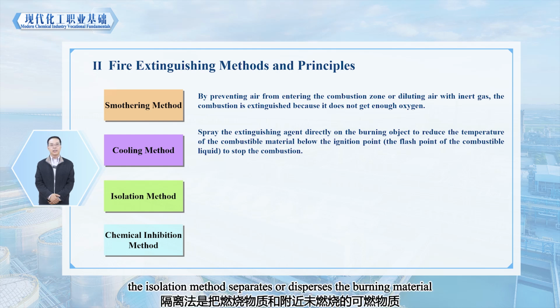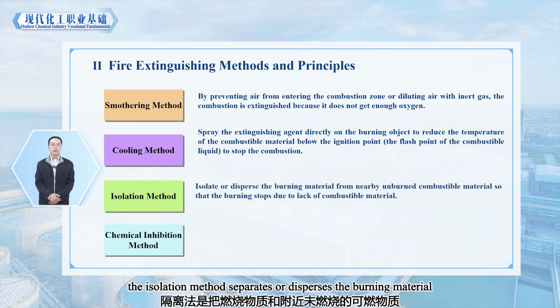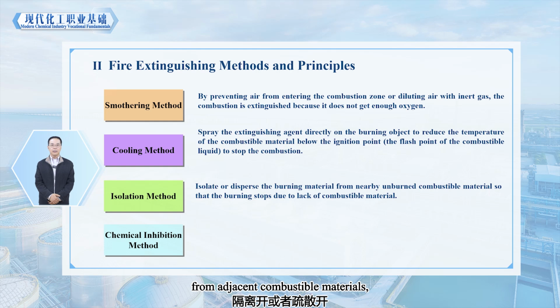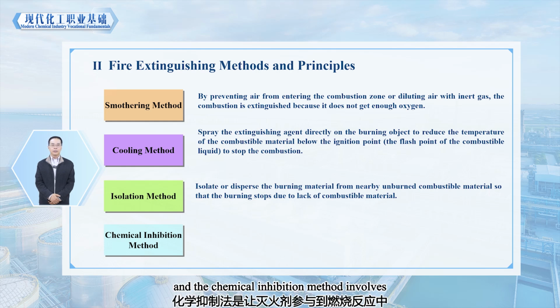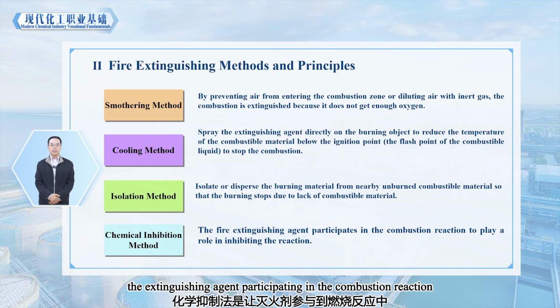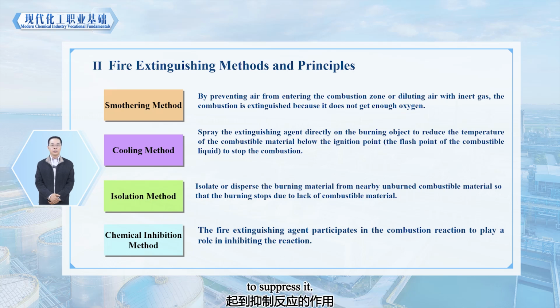The isolation method separates or disperses the burning material from adjacent combustible materials, causing the fire to stop due to a lack of fuel. And the chemical inhibition method involves the extinguishing agent participating in the combustion reaction to suppress it.